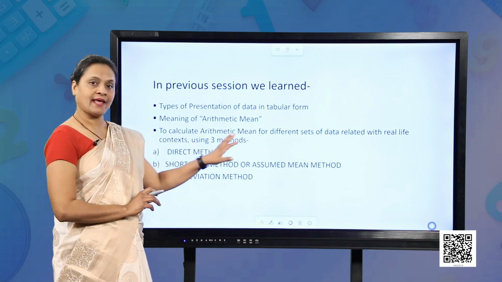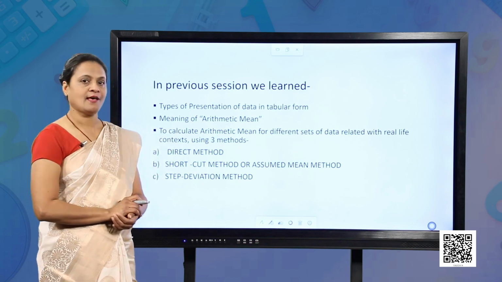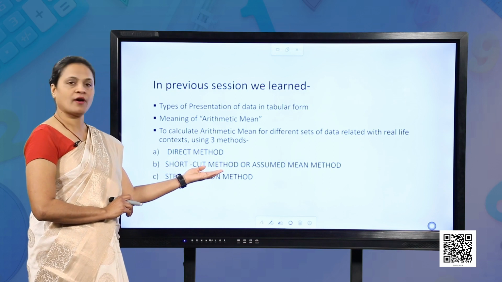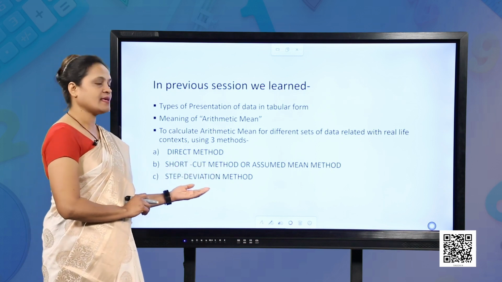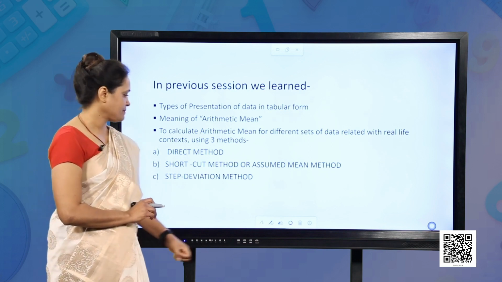We calculated arithmetic mean using three different methods. First was the direct method, then the shortcut or assumed mean method, and the third was the step deviation method.